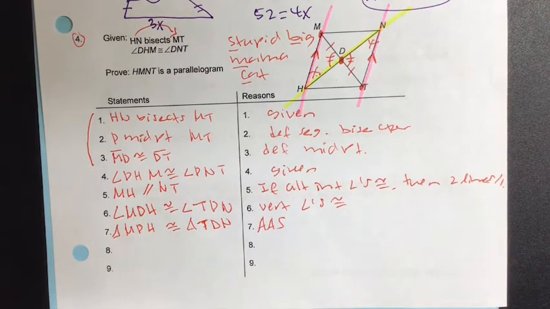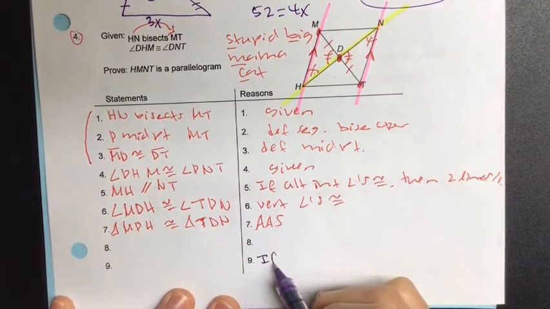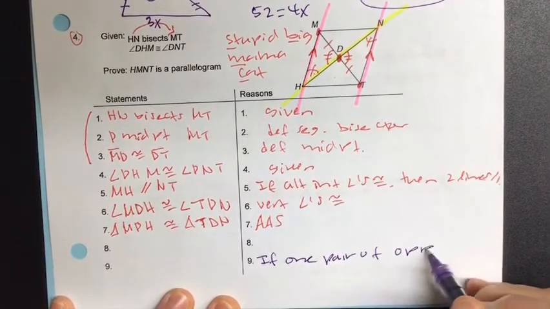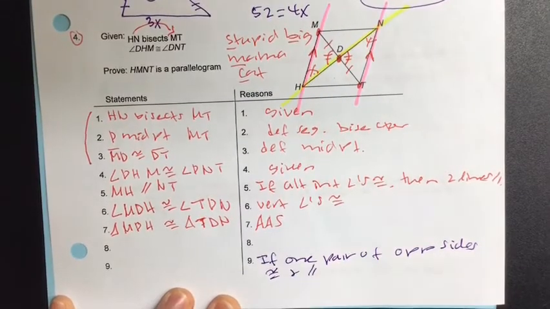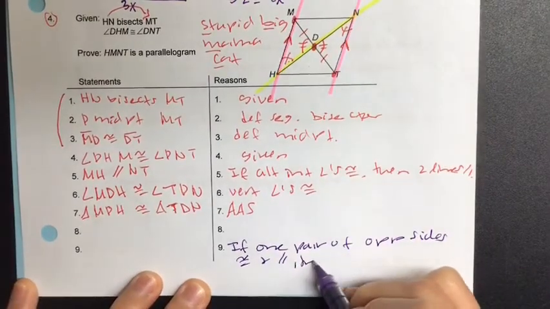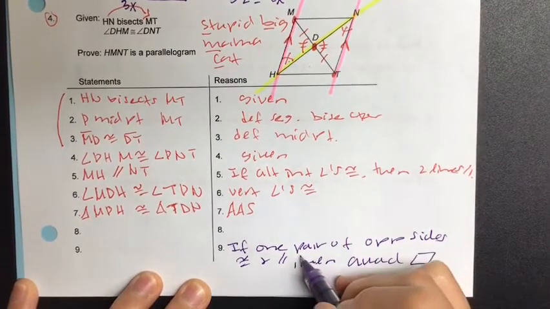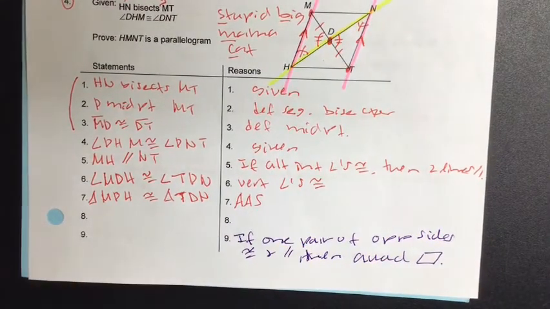The theorem that I want to use, and I have mentioned this previously, go to number 9 and write out: if one pair of opposite sides are congruent and parallel, then we know the quad is a parallelogram. Speaking of this symbol, can I use it for any other shape?